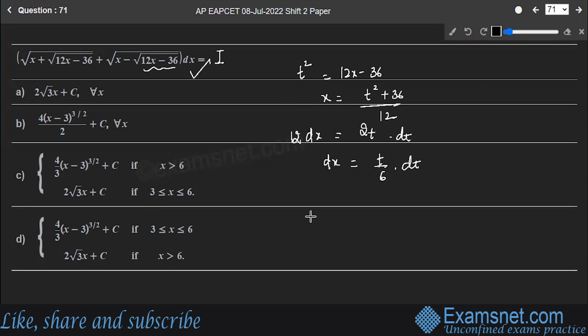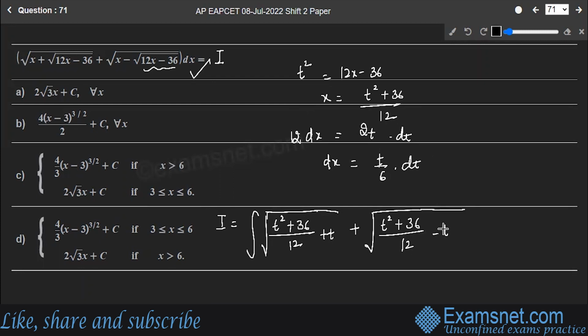So now I'll fill in the values in the given integral. So the integral can be written as root of t square plus 36 upon 12 plus t, plus root of t square plus 36 upon 12 minus t, into dt.